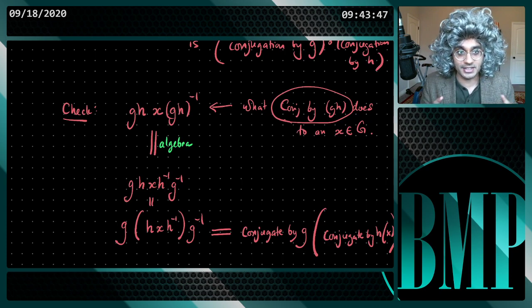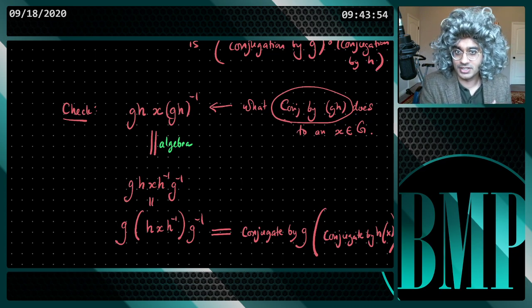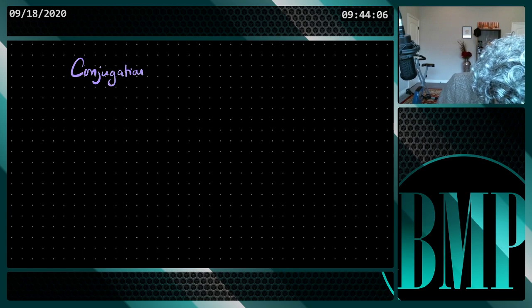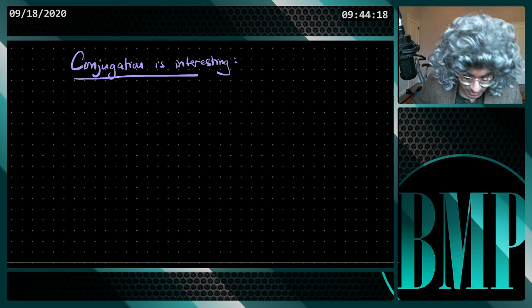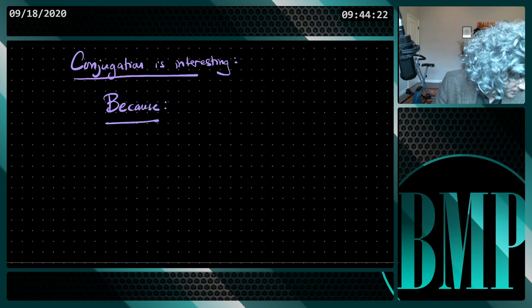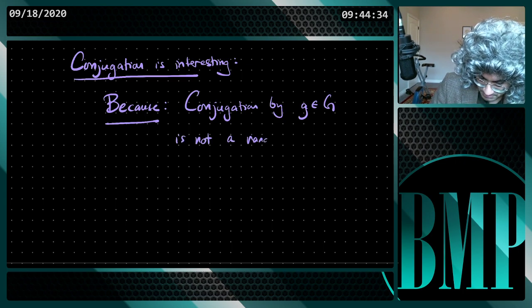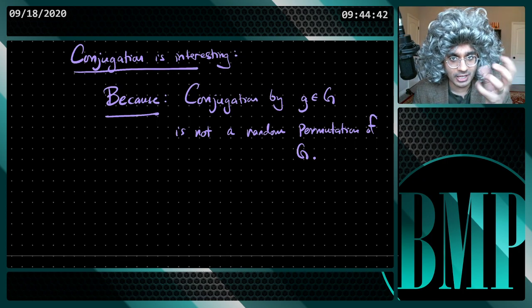There's a very important reason why conjugation is more interesting and special and delicate than, say, the left translation action of the group on itself. So let's look at a curious property of conjugation. Conjugation is interesting because conjugation by an element is not a random permutation of the group, of the elements of the group.